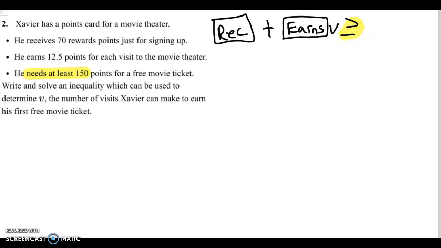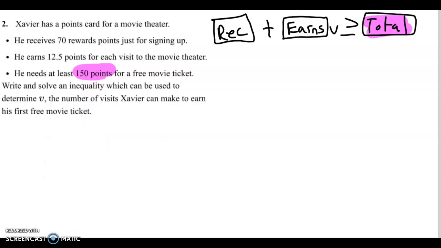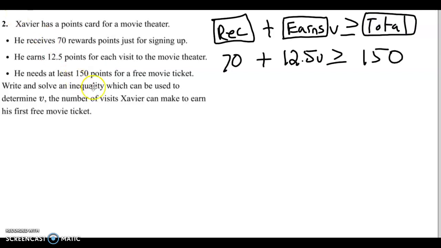If you forget, there are cheat sheets out there where you can see that "at least" is greater than or equal to. And then it has to be greater than or equal to the total, 150 points. Now I'm going to plug in each one of those values. So I've got the 70, the 12.5V, greater than or equal to 150.